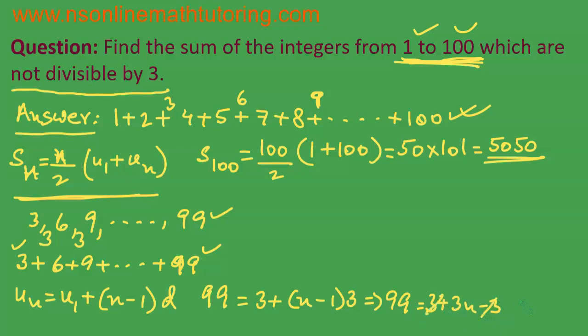So 99 equals 3n gives us n as 99 over 3, equal to 33. So n is equal to 33, that means there are 33 terms in this arithmetic series.